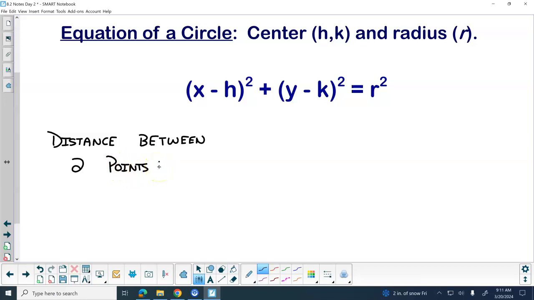So let's say we have the points A, comma, B, and C, comma, D. Those are our 2 points. Okay?